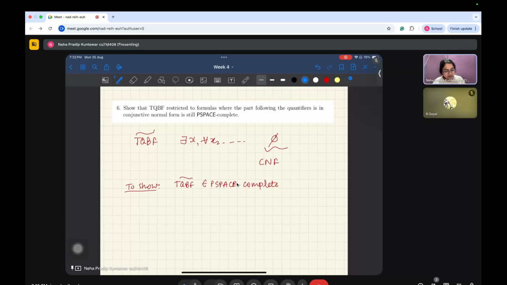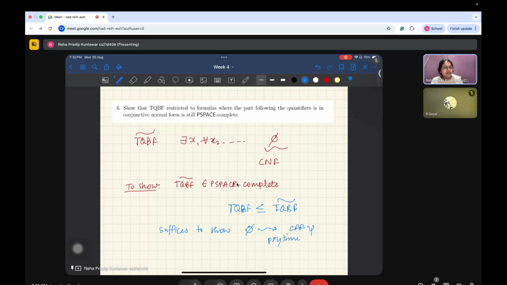So we'll use the fact that TQBF is PSPACE-complete, and it's sufficient to reduce it to this new problem that we're defining, and for that it's sufficient to show that any formula phi can be converted to a CNF instance psi, which can be done in polynomial time.